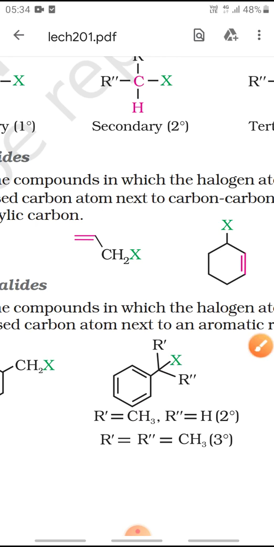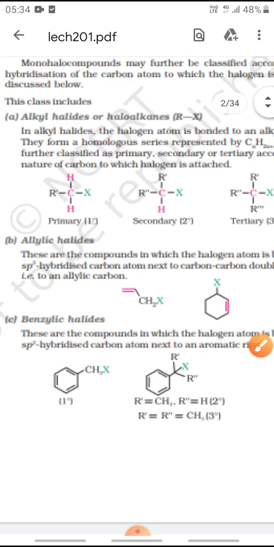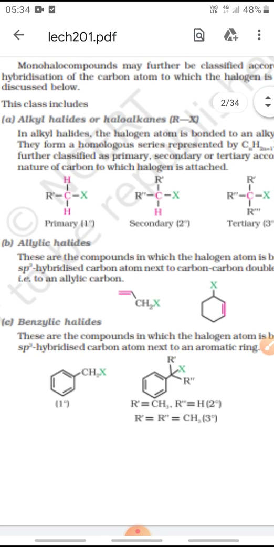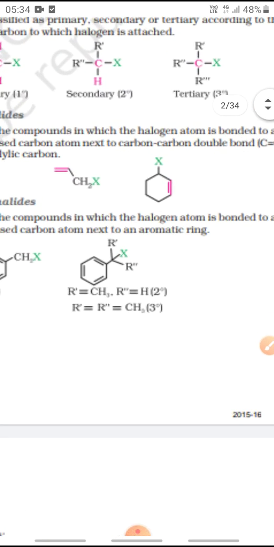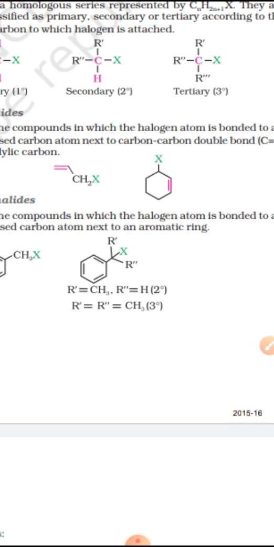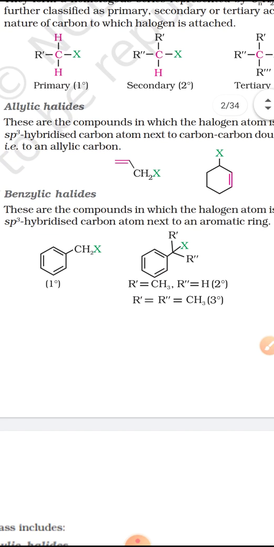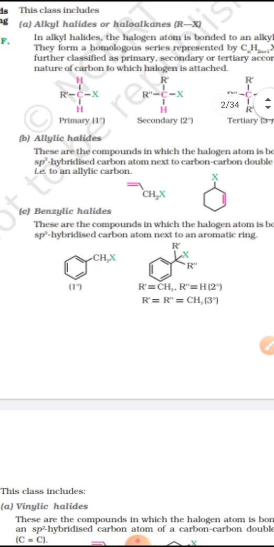So such halides are called allylic halides. This is the other example, in which the carbon connected to the halogen is connected to that carbon which is sp2 hybridized.